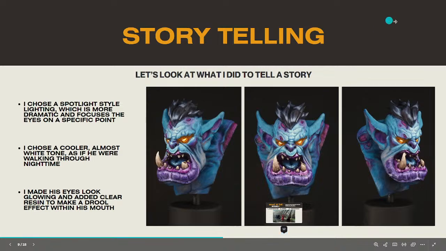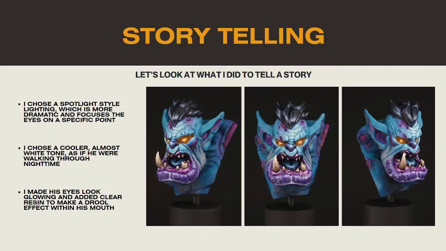So I chose that spotlight style of lighting, which is way more dramatic, and I wanted the viewer to focus on the face, on the very front of the face. Everything happening behind the face, sure, it's a bit of narrative detail, but I can still harness narrative details in the face itself. So I wanted to target the spotlight effect on the front of the face.